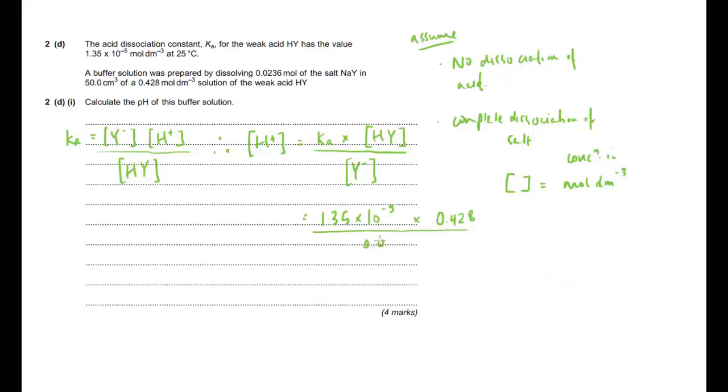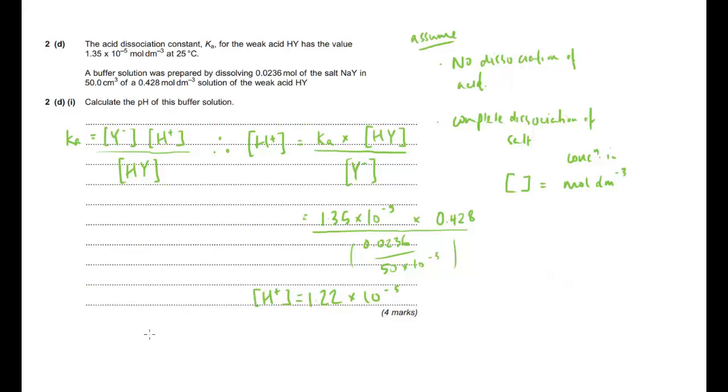So 0.0236 divided by 50 times 10 to the minus 3. Work that out carefully, use brackets where you need to, and don't make any silly mistakes. Once you've worked that through, you end up with something along the lines of 1.22 times 10 to the minus 5, and that of course then is our H plus concentration.